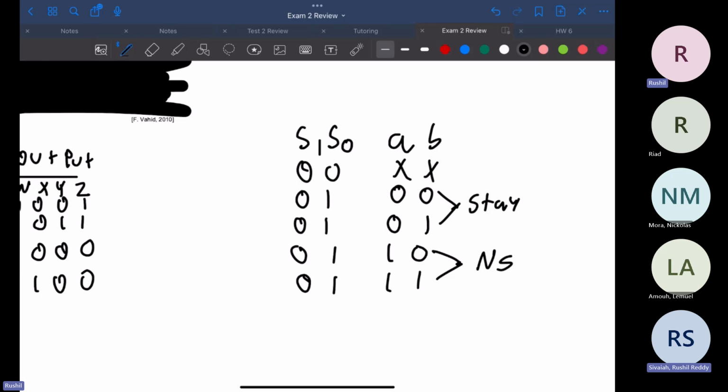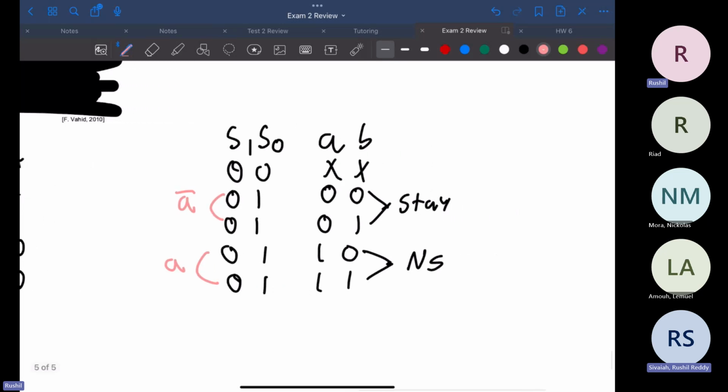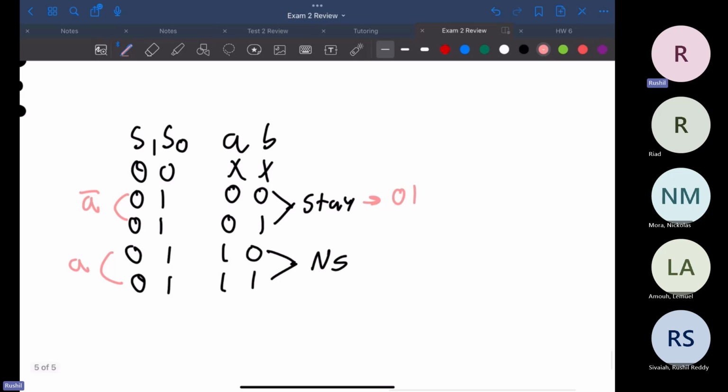So instead of all that, we can simplify this. What terms are the same for both of them? For these two, the similar term is A not, and for these two, the similar term is A. So instead, we could simplify this into 0, 1, 0, and X. And these two will turn into 0, 1, 1, X.